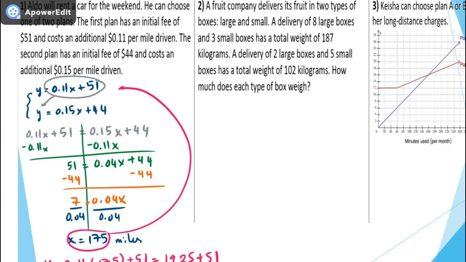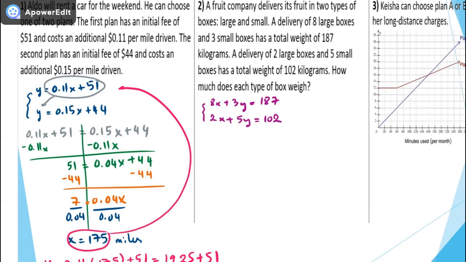How much does each type of box weigh? So we have 2 types of box, large and small. 8 large and 3 small will be 8x plus 3y. The total weight is 187. And 2 large boxes plus 5 small boxes equal to 102 kilograms. Make sure x is large and y is small.